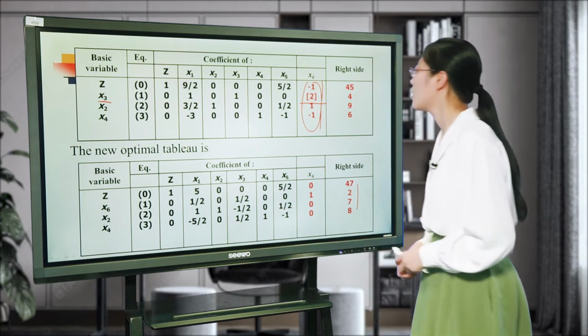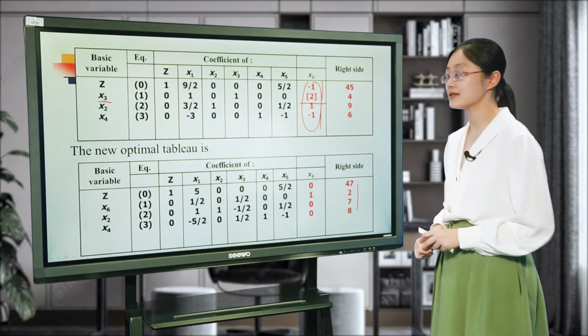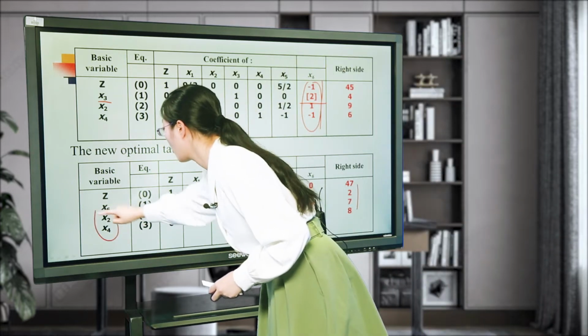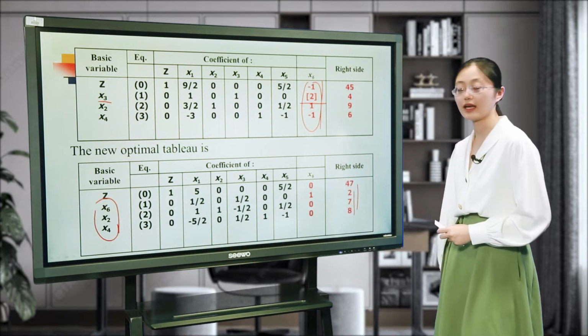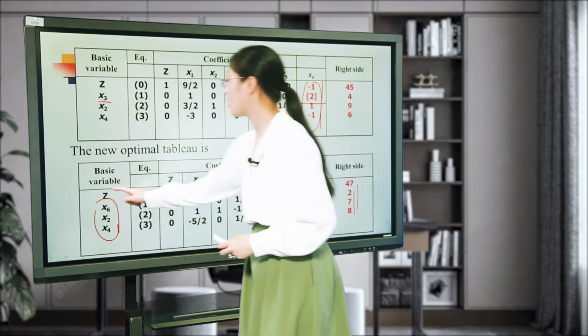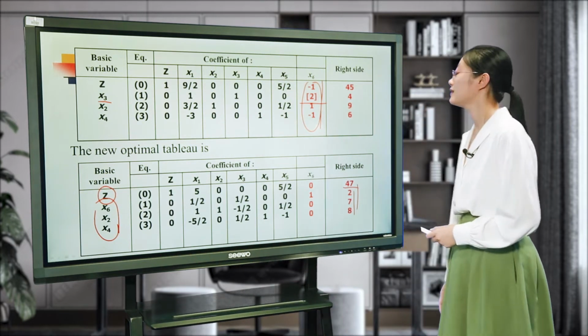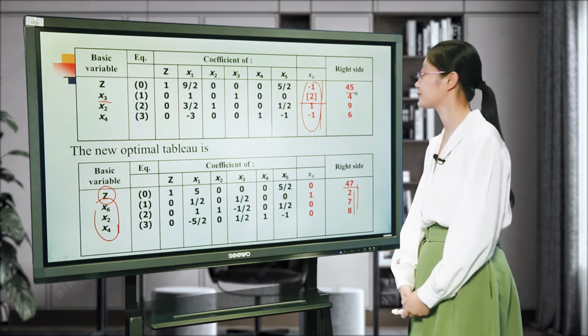So if we want to add a new variable x6, then the new basic optimal solution will be x6, x2, x4 equal to 2, 7, 8. And our new value of the objective function will be 47. This is actually an improvement from 45.